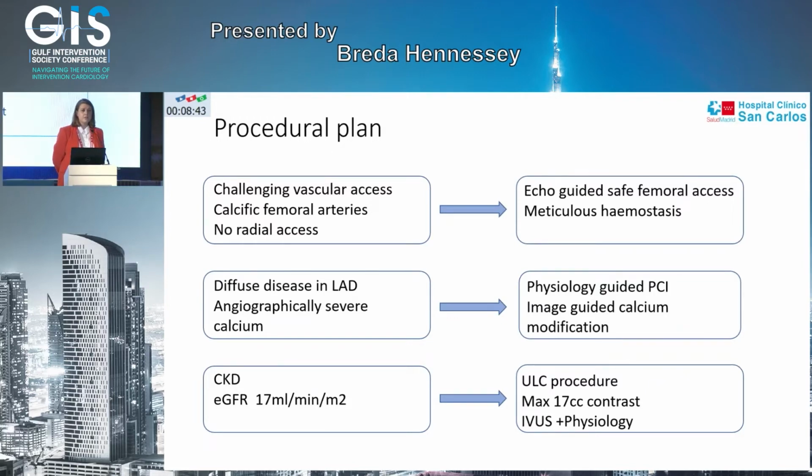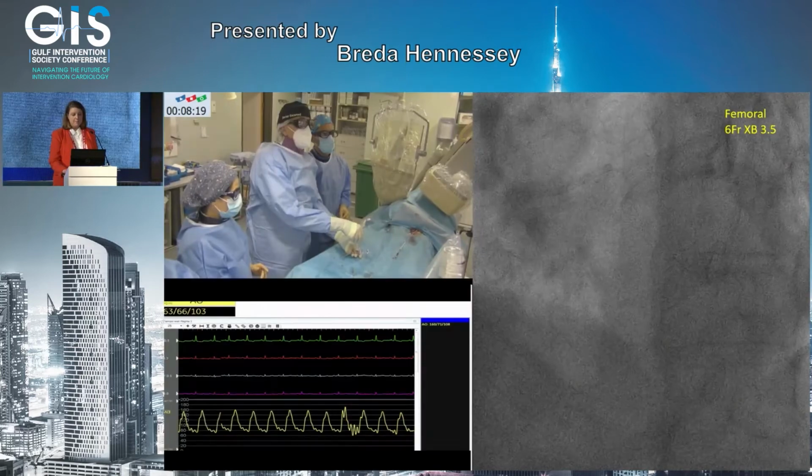In terms of the diffuse disease in the LAD with angiographically significant calcium, we planned to perform invasive physiology again with a pullback and guide our therapy using IVUS. In terms of the CKD, we know that we can only use 17 cc's of contrast, and in order to minimize this, again, we're going to use our physiology and IVUS.